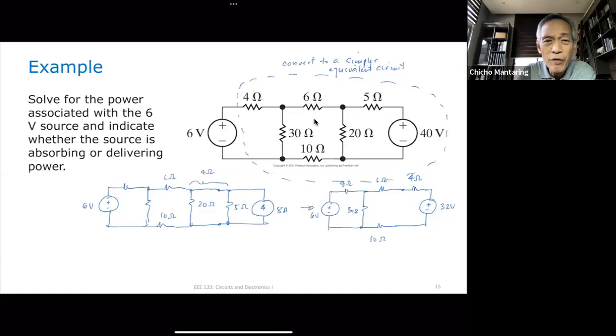I saw a question: how is it possible to convert the 40 volt to an 8 ampere without knowing the full KCL of the node between the 6 ohms, 20 ohms, and 5 ohm resistor?